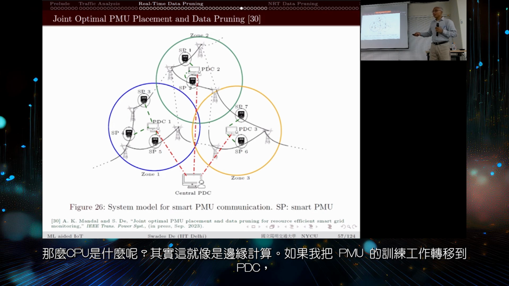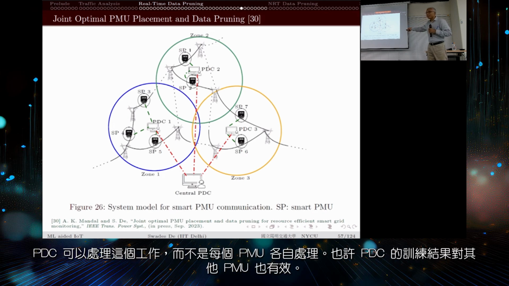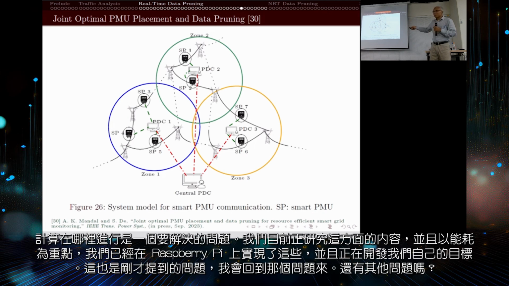Instead of n PMUs doing their own training, I could pass that load to the PDC, and the PDC could do the job, not necessarily for each of them individually. Maybe it will do the training, and that training might be valid for the other PMUs also. So where to do the computation is a way to address the question of energy consumption.